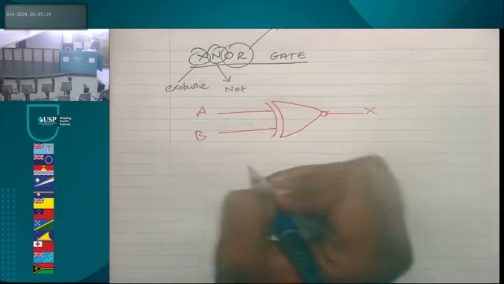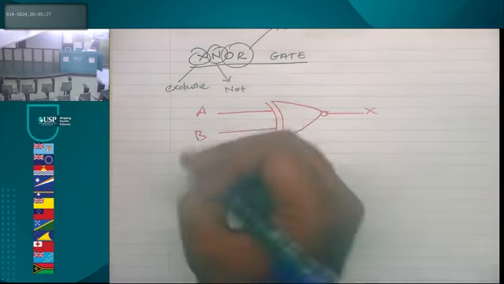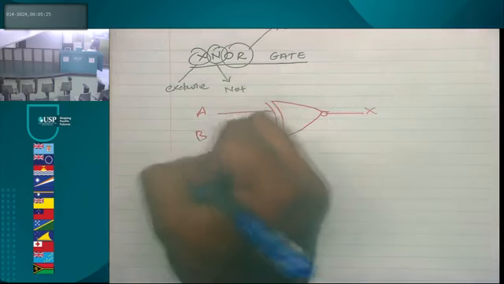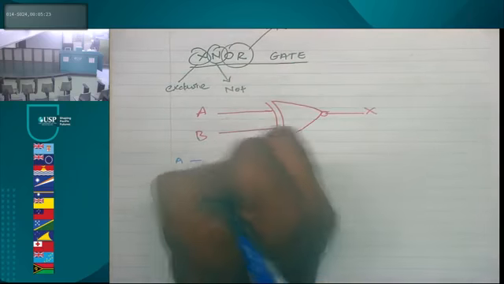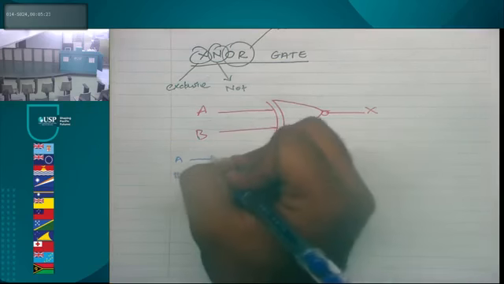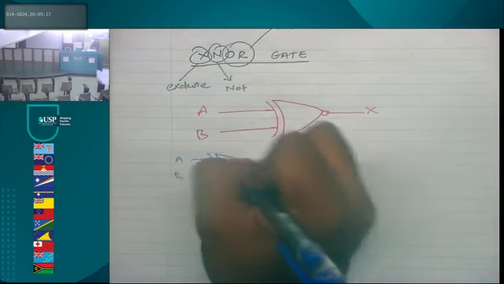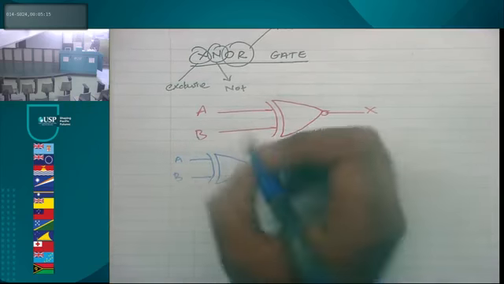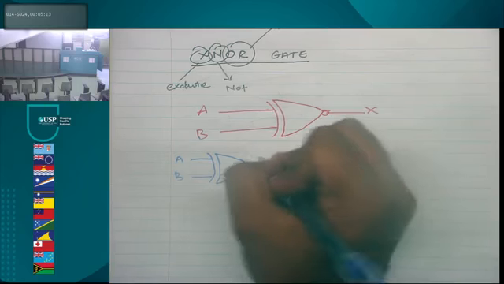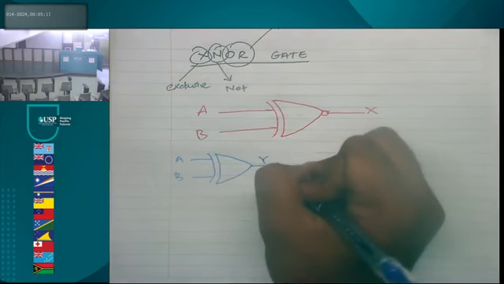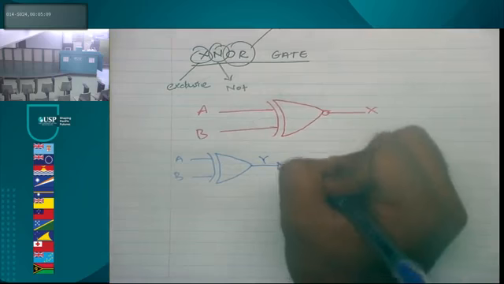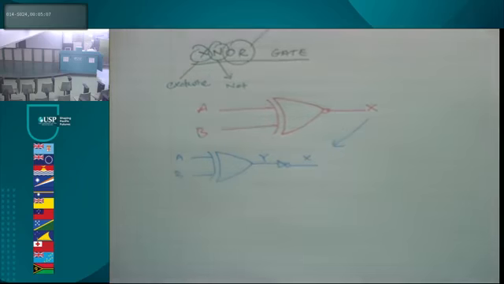We can further simplify this gate just to understand, okay? You don't need to use this one, but I'll just show you in case. So you'll have that XOR gate, the one we just looked at, and we'll have that buffer NOT, and then your X from here. You can see that?